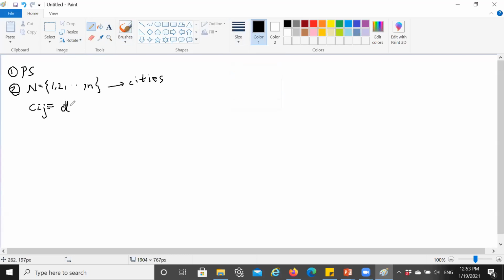Okay, distance between cities I and J. Is it clear? So the distance between city I and J is denoted by Cij. So these are the two parameters. Step 3 is finding the decision variable. So now we have to determine the decision variable.